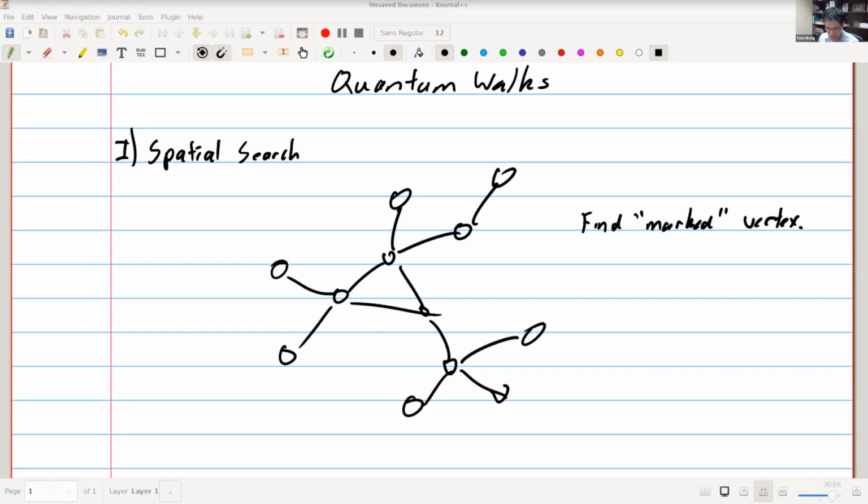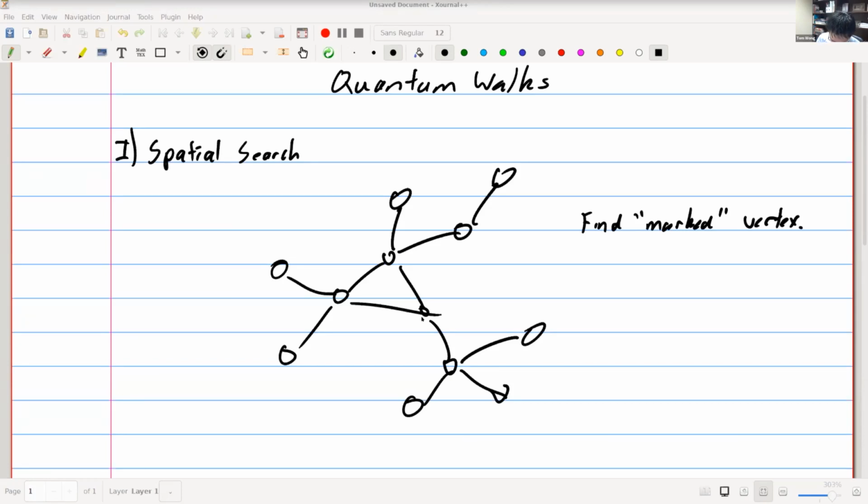So if you want to solve this with a random walk, what you can do is start at a random vertex. Let's say we start at this vertex here and we ask, is this the vertex we're looking for? If it is, great, we're done. If not, we'll jump to one of the 4 neighbors at random. So maybe at random, we'll jump over here to this vertex. And now we ask, is that the vertex we're looking for? If yes, we're done. If no, we'll jump randomly again. Now there's 3 different directions we can jump at random.